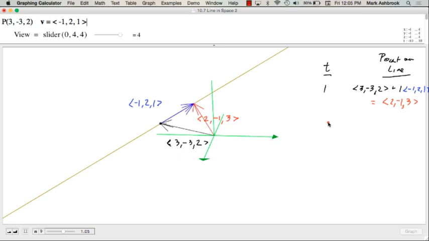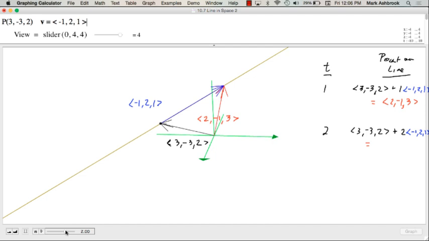So then you guys suggested t equals 2. When we do t equals 2, we still start with the same point, 3, negative 3, 2. And then we're going to add what now? 2 times the blue vector, negative 1, 2, 1. And that's going to equal, so what's that? Let me show that situation.